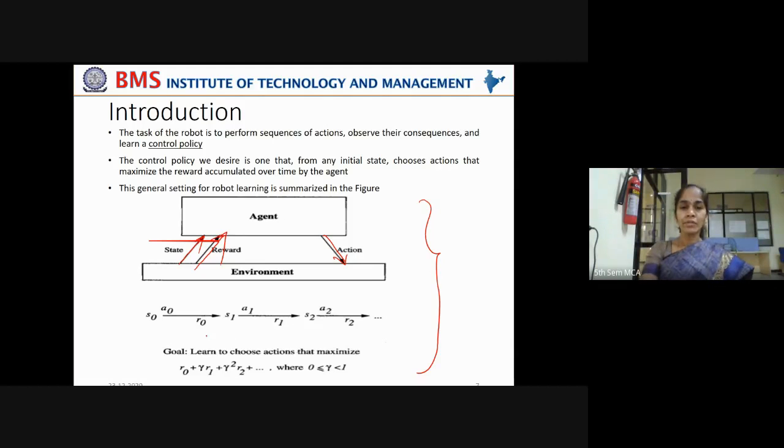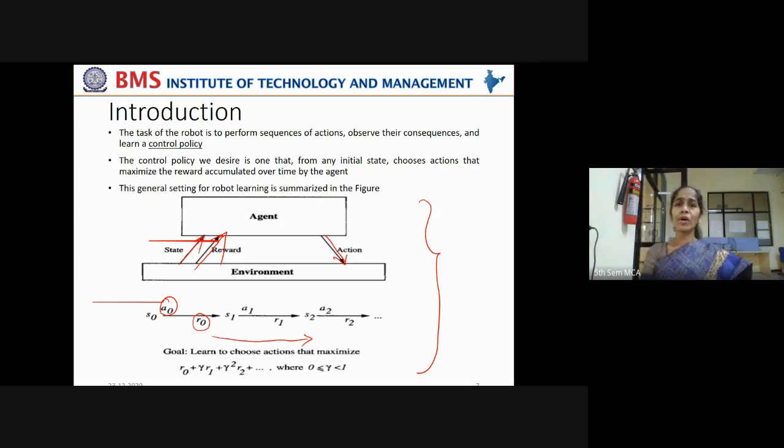That is also represented like a sequential pipe. An agent can move from state S0 to S1 by taking an action A0 and receiving a reward R0.